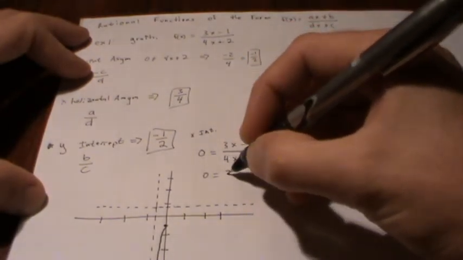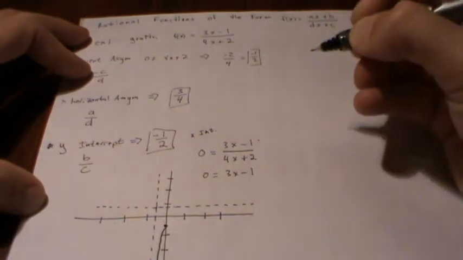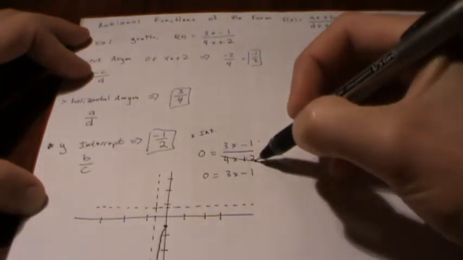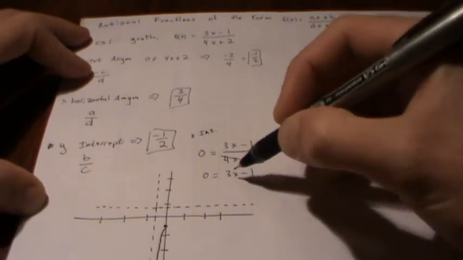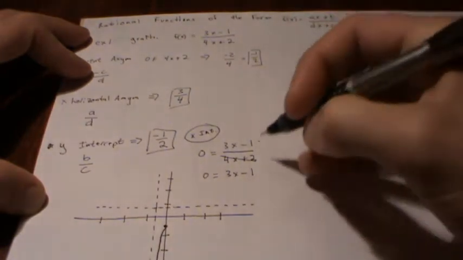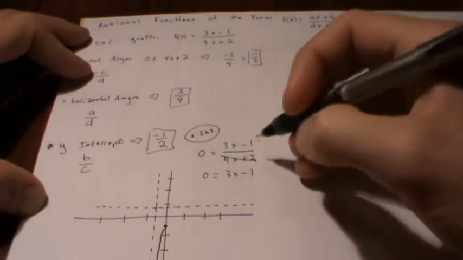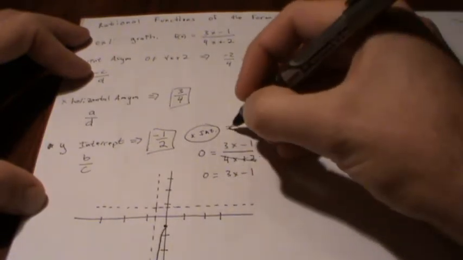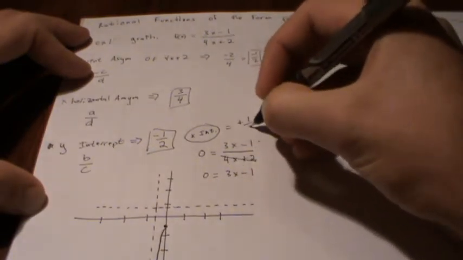0 is equal to 3x minus 1. And because this, remember, just cancels out. So if I solve for this, I get, remember, we're trying to find the x-intercept, a positive 1 over 3. Positive 1 over 3.